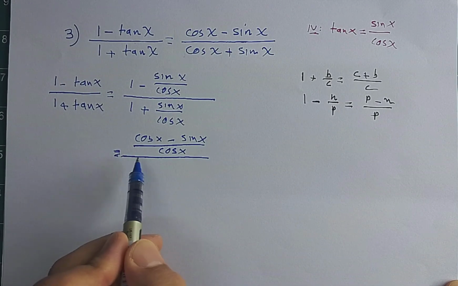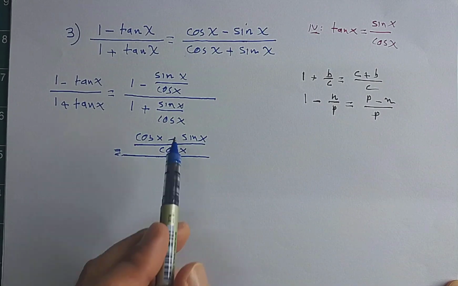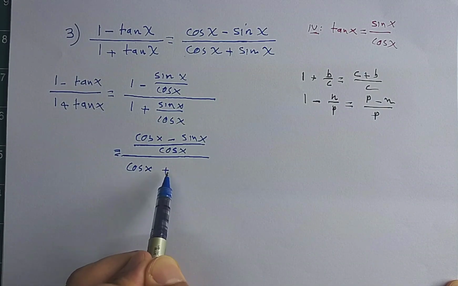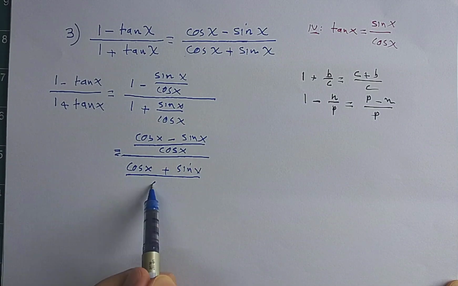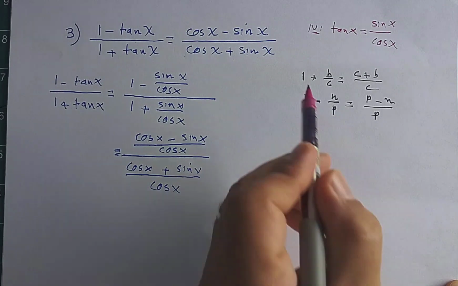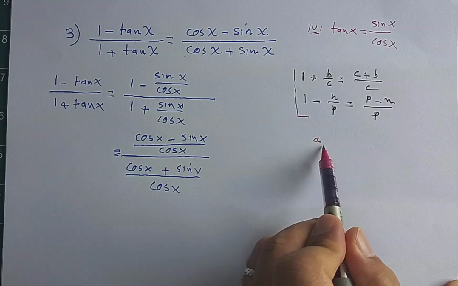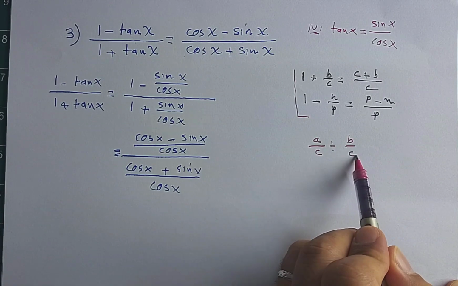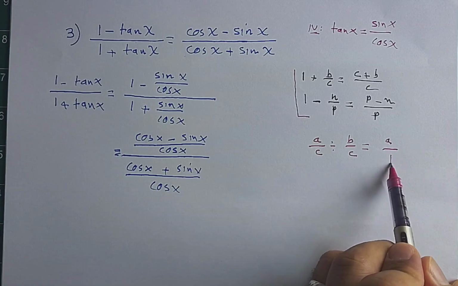Okay, and for the denominator, instead of 1, I change to cosine x plus sine x out of cosine x. So another thing to give you like a review. We have a out of c over b out of c equals a out of b.